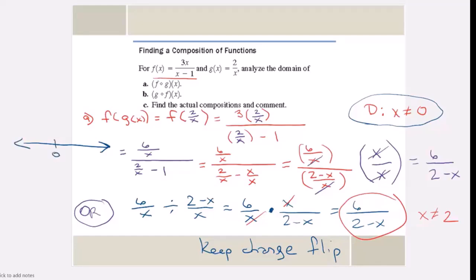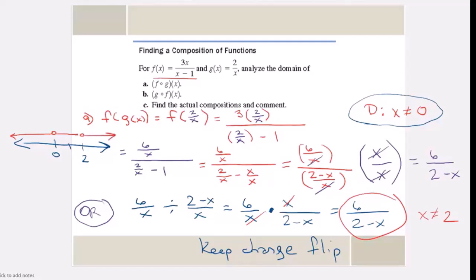Here's 0, 1, 2. And I know that x can't be equal to 0, so I'm going to put an open circle. I know x cannot be equal to 2. I'm going to put an open circle, and that's it. It can be everything else.